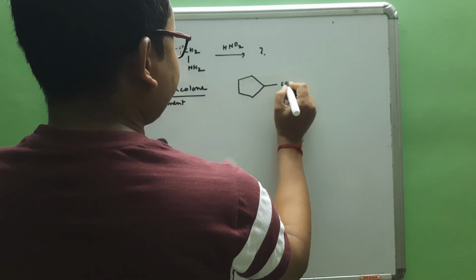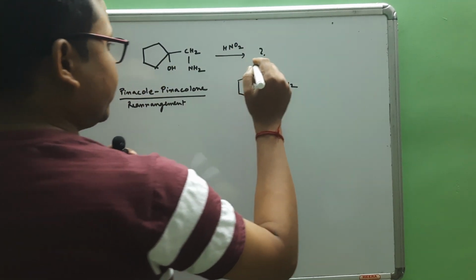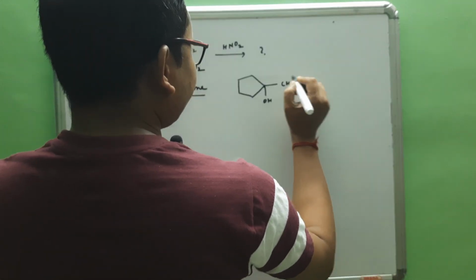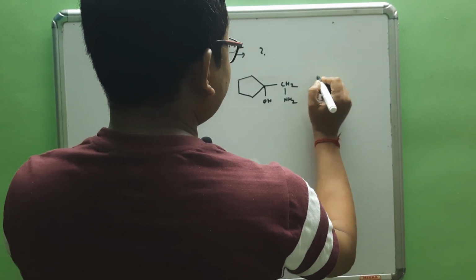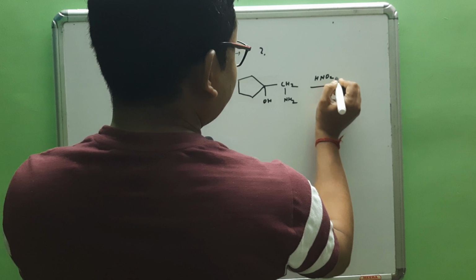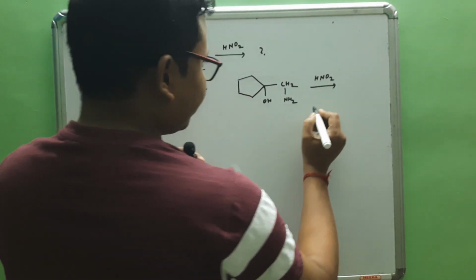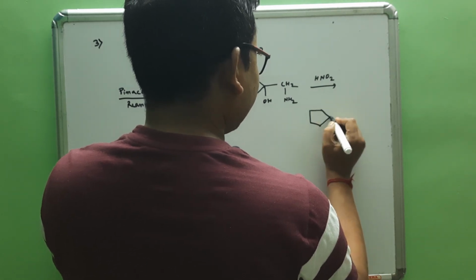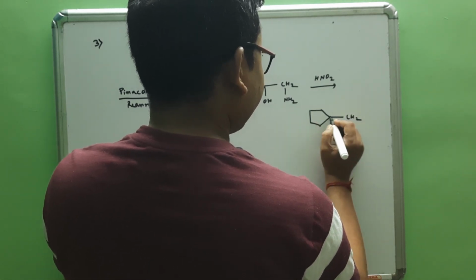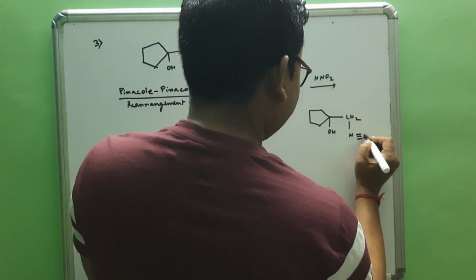If you treat CH2, this is OH, with HNO2, if this is NH2, it will form a diazonium compound. The NH2 reacts with the HNO2, and this will form a diazonium compound.